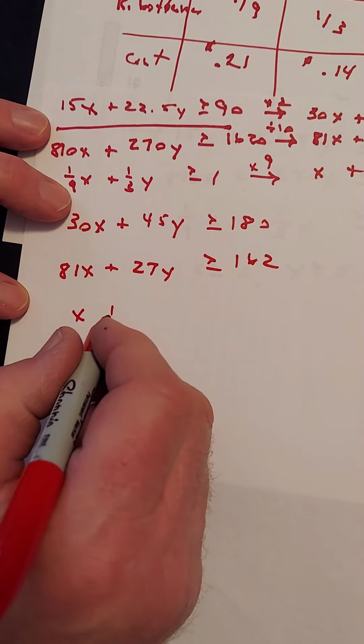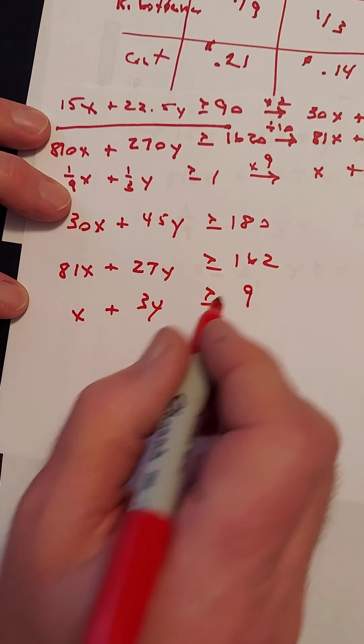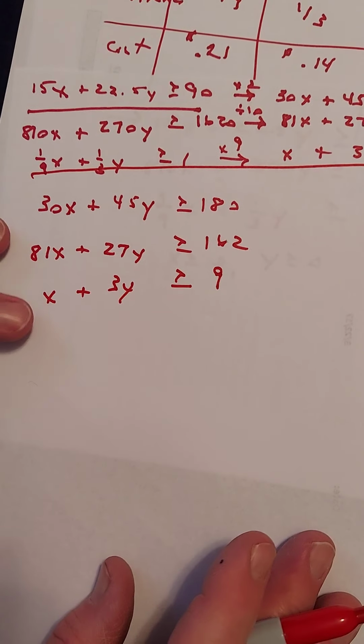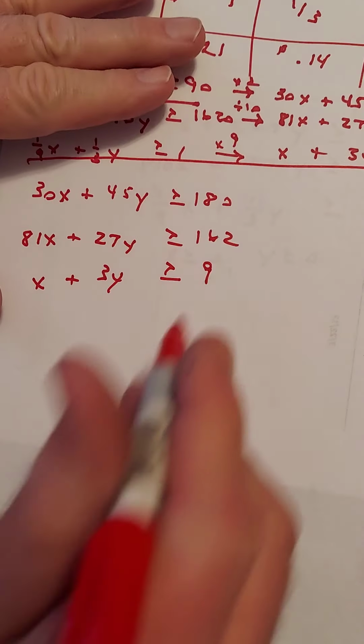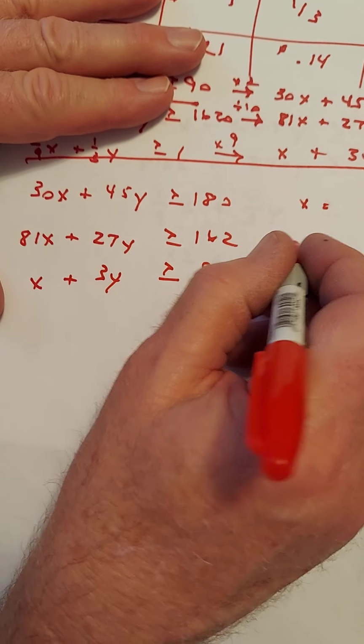And here's the third one. Now, what do I want to do with those? Well, now we're ready to graph. So let's find the x and y intercept for each one of those.